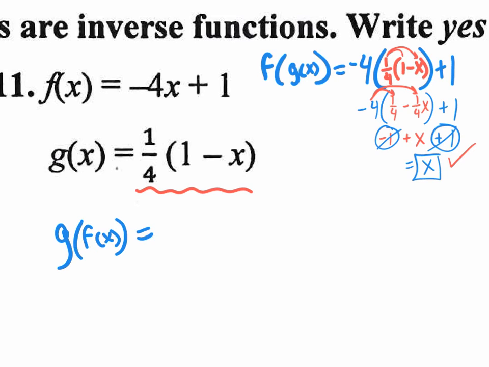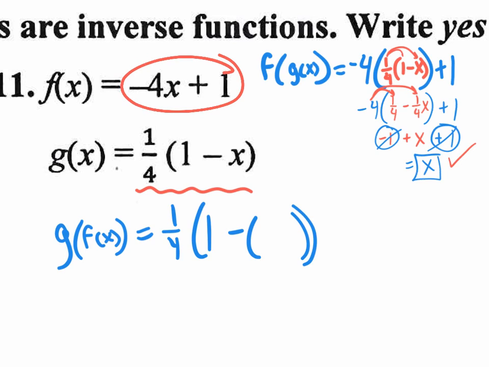So let's do this. I want to plug in my f of x right into my g of x. My f of x is going to go right into my g of x function. So let me start by writing the whole g of x function. G of x equals 1/4 parenthesis 1 minus x. But instead of x, I put parenthesis. And what am I plugging in right here?